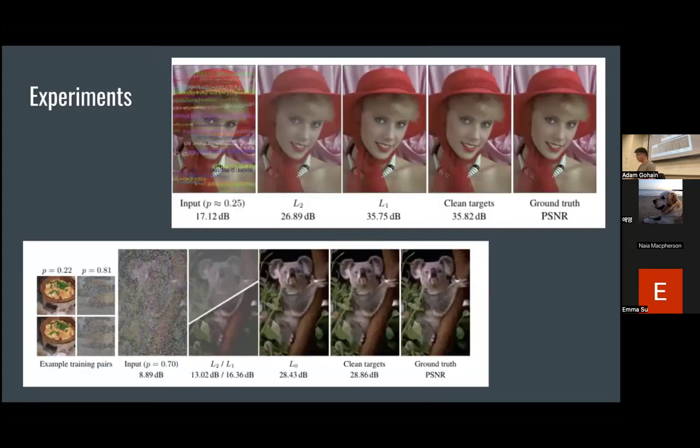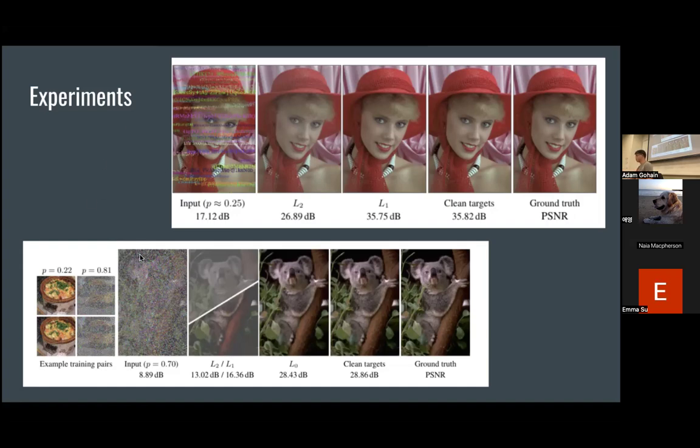Some of the more interesting experiments that they did involved different types of noise. For example, in this image of the lady, we're looking at just overlaying a bunch of multicolored text over this woman. And the one on the bottom is a kind of variation of dropout, where there's a probability that the pixel at some given location is just replaced with some randomly generated value from 0 to 255 in a 3D image.